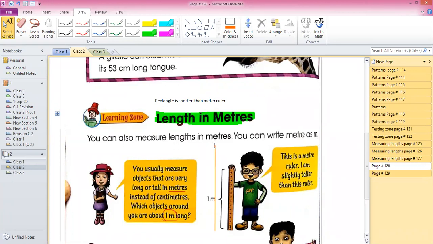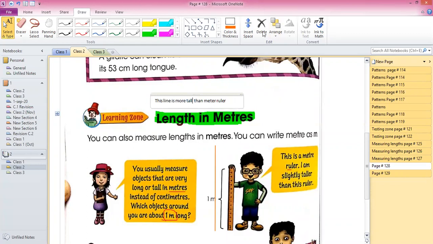So you will say, sir, this line is more tall than the 1 meter ruler. So I can write it like this: this line is more tall than meter ruler.